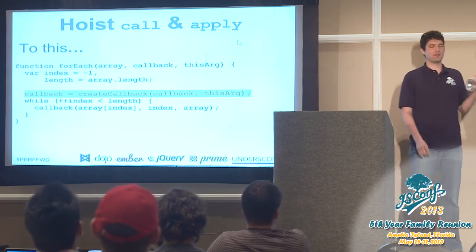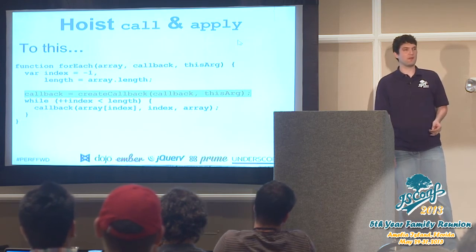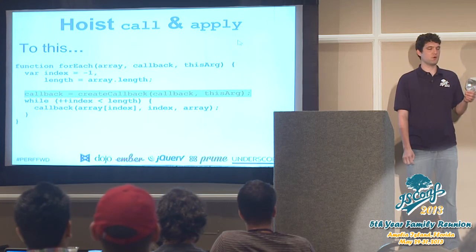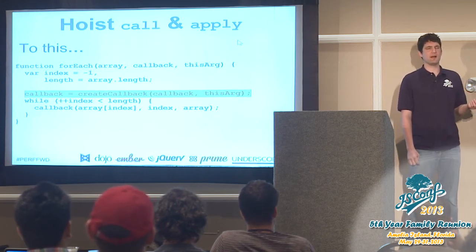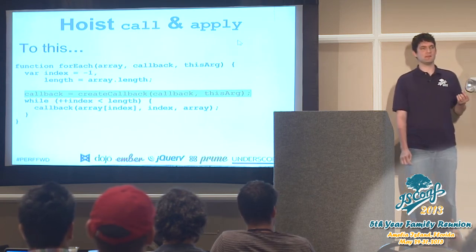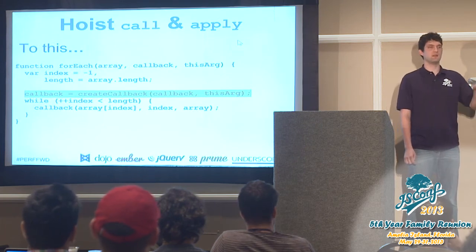The question was, in create callback, why not use function.prototype.bind instead of wrapping? That's because in most browser implementations, function.prototype.bind is actually slower. Especially in V8, it's considerably slower. And Lodash is aware of this and will not use native bind in V8.